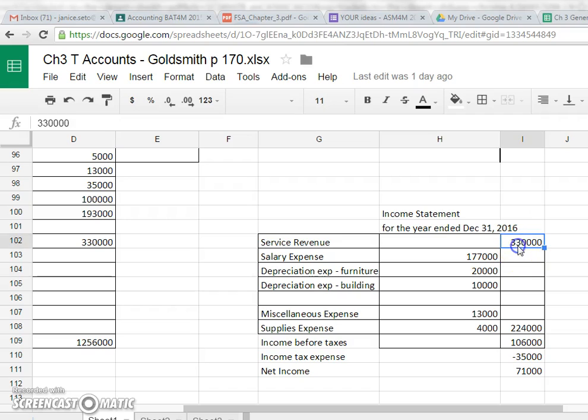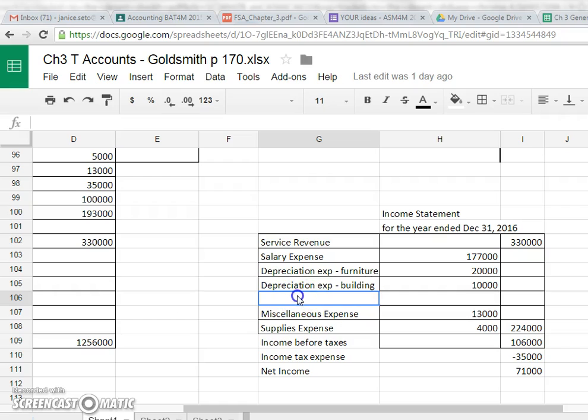Remember, with income statement, you have your service revenue first, or any revenue. Then you subtract your cost of goods sold and your expenses, and there you have it. Now I've actually put in a space. I'll have to get rid of this space, but I don't have time to get rid of it while I'm talking to you here. But let's pretend that space does not exist.